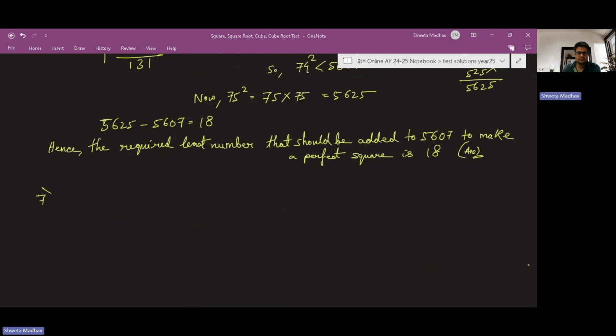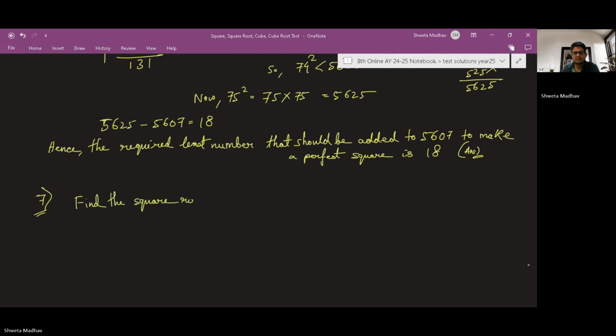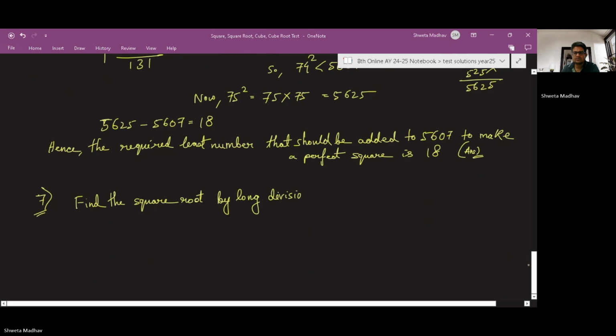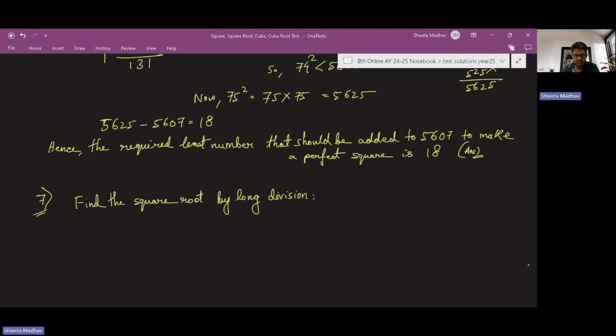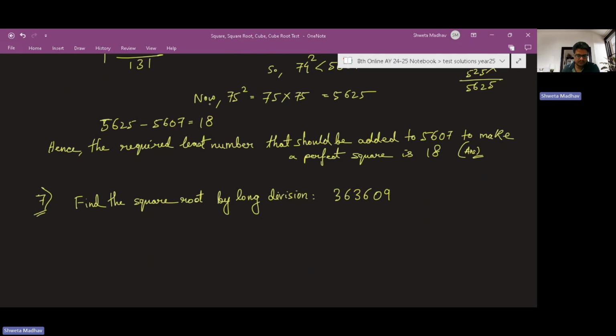Then in question number 7, it says to find the square root by long division of 363,609.